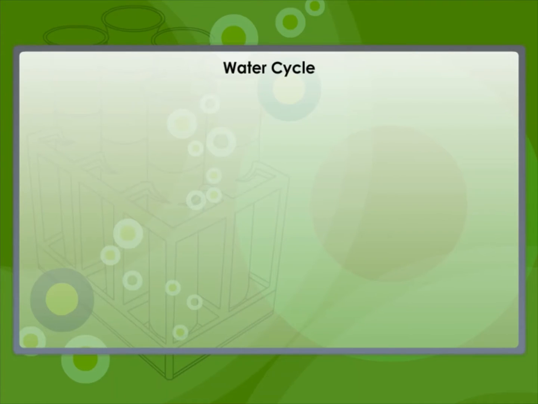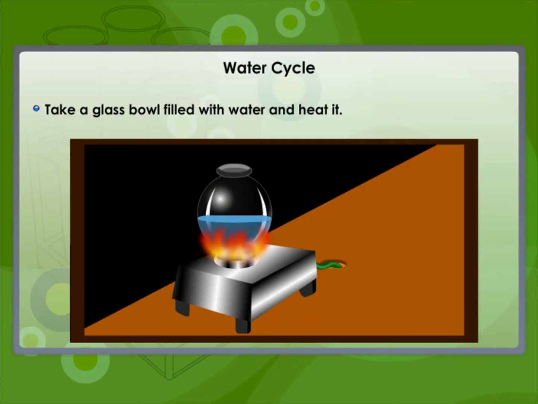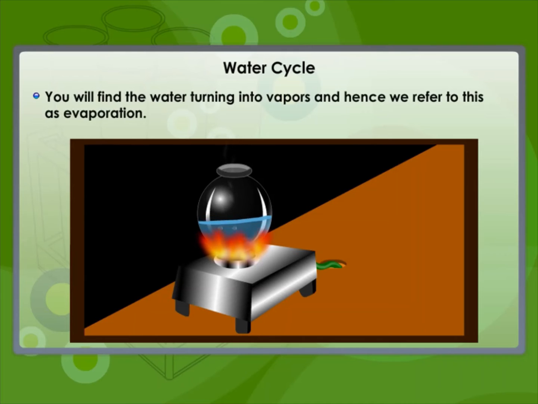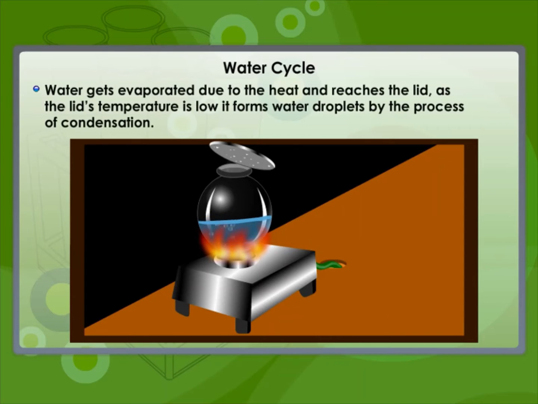Water cycle. Let us now try to explain the process of rain formation with the help of an experiment. Take a glass bowl filled with water and heat it. You will find the water turning into vapors, and hence we refer to this as evaporation. Now put a cool lid over the boiling water. Water gets evaporated due to the heat and reaches the lid.